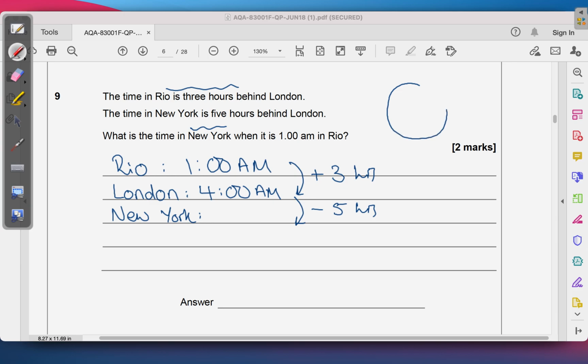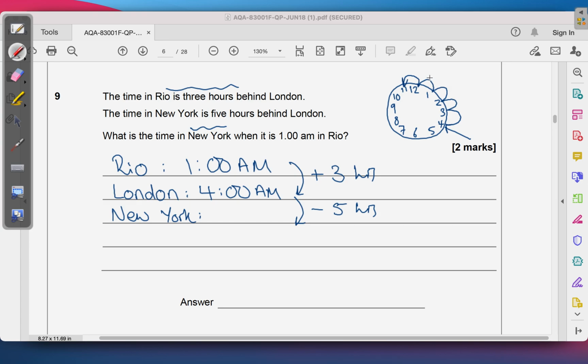So we have a clock like this. We've got 12, 1. This is going to be a terribly drawn clock, I'm sorry. 4, 5, 6, 7, 8, 9, 10, and 11. At the moment we're on 4 a.m. in London, so we are here. Then we go 5 hours back: 3, 2, 1, 12, 11.